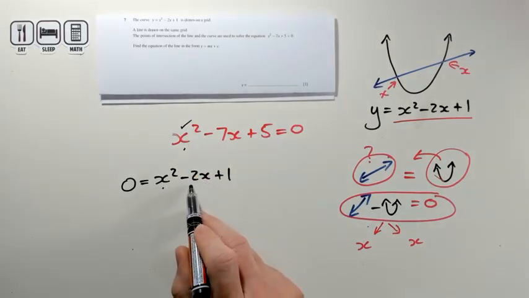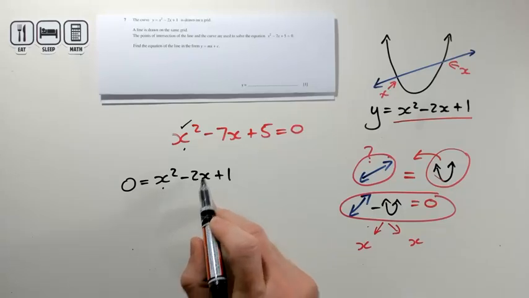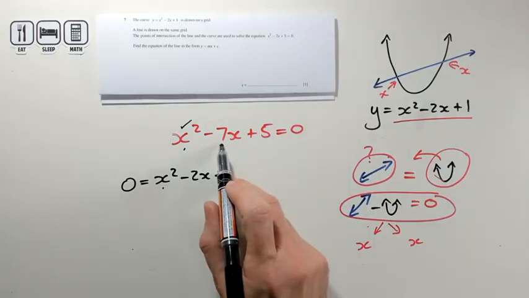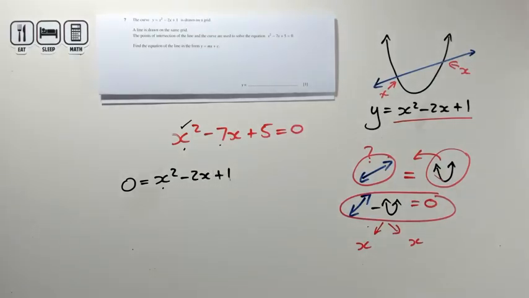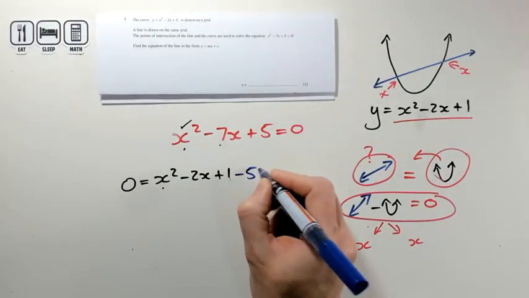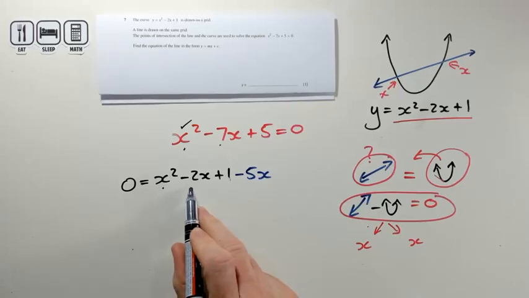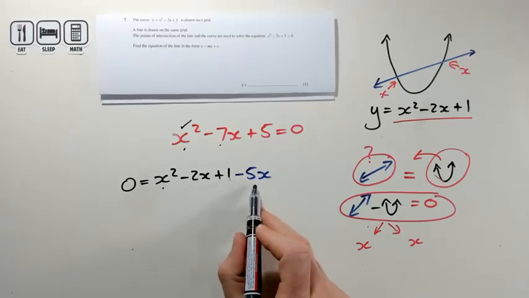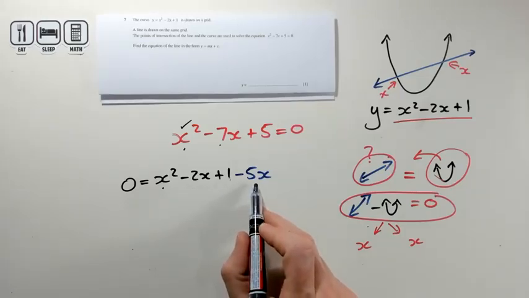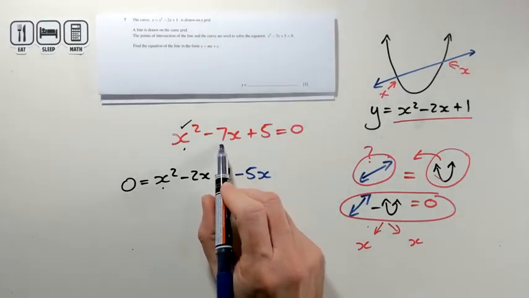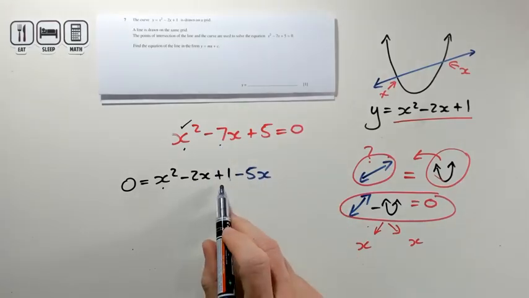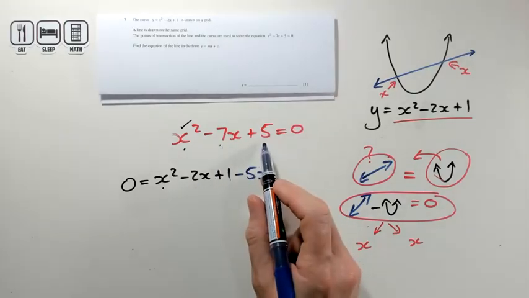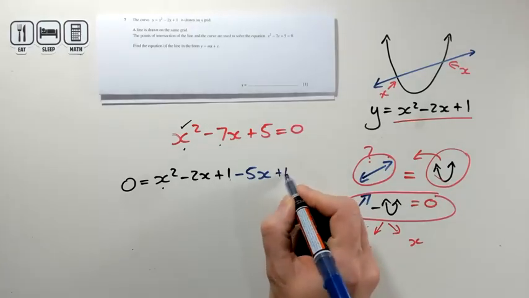This one says negative 2x, but I need to get to negative 7x. So I'm going to have to subtract 5x, because negative 2x minus 5x is going to give me negative 7x. And here I have a plus 1, but I want to get to a plus 5. So I'm just going to add 4.